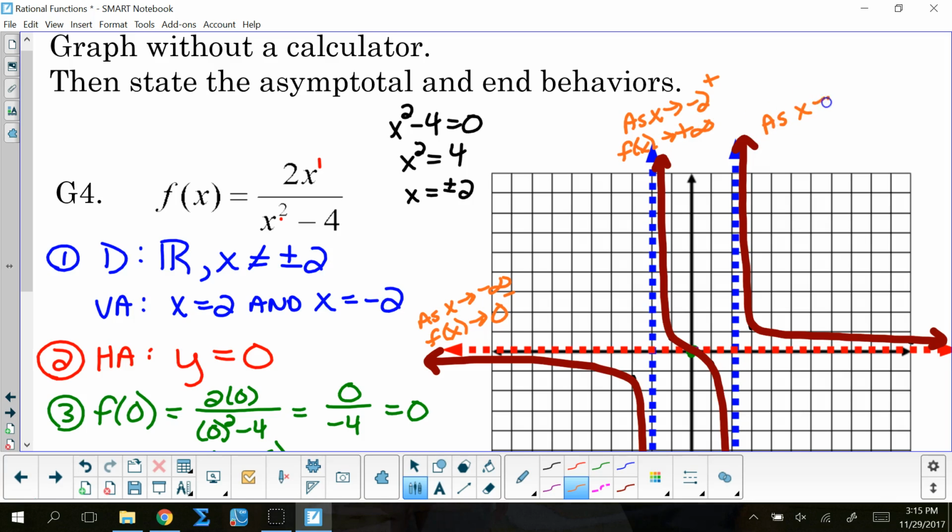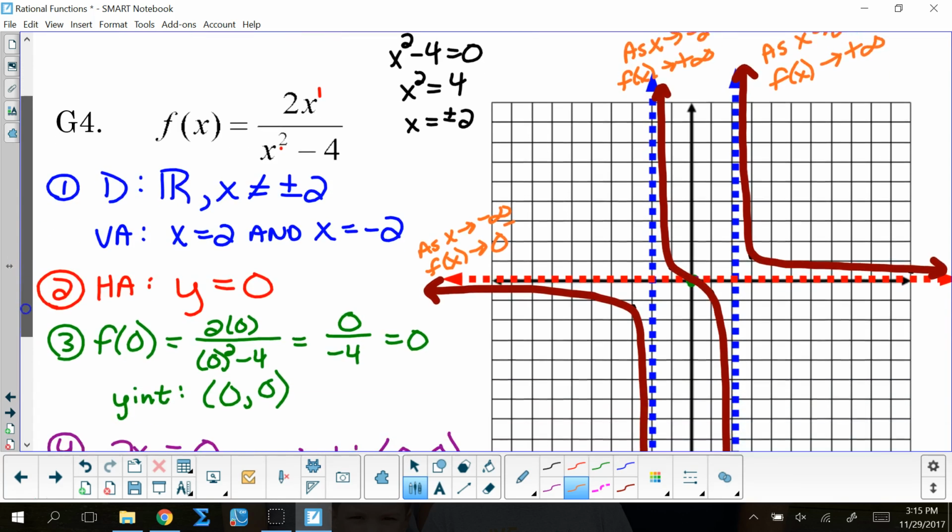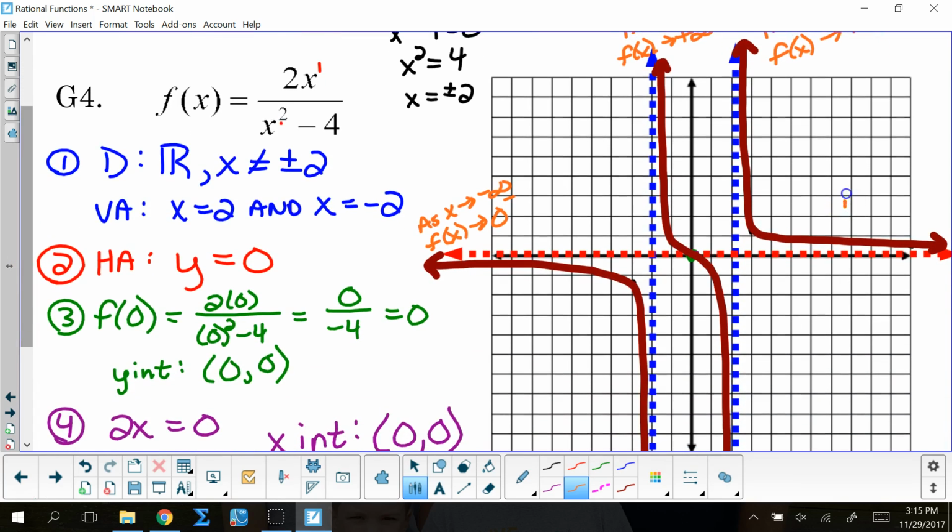As x is approaching positive 2 from the right, my function is also going to positive infinity. As x is going to positive infinity, my function is going to 0 from above.